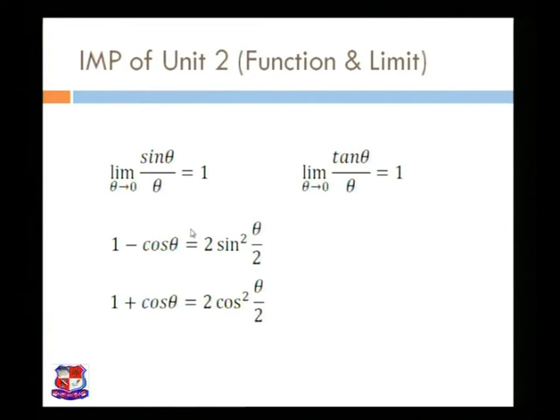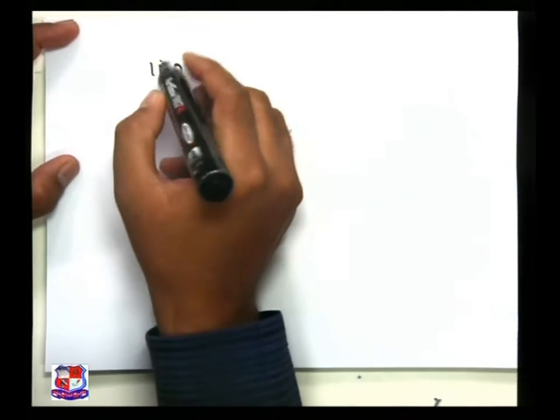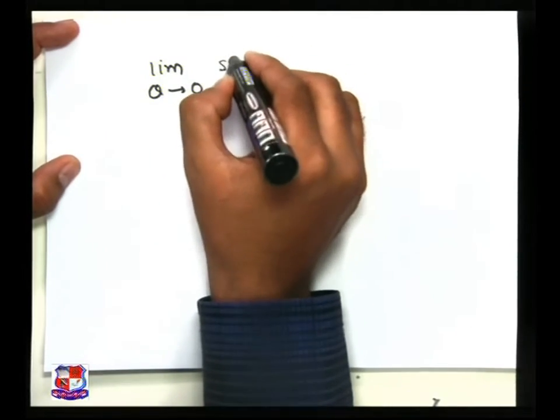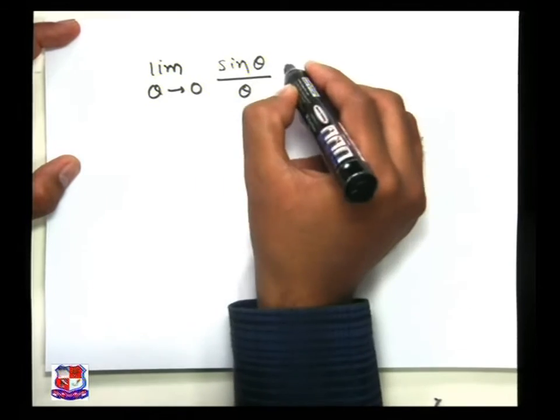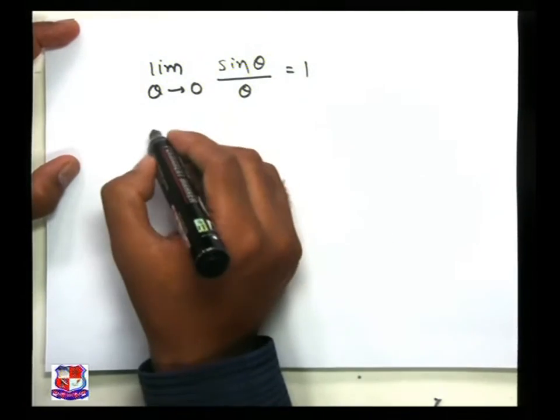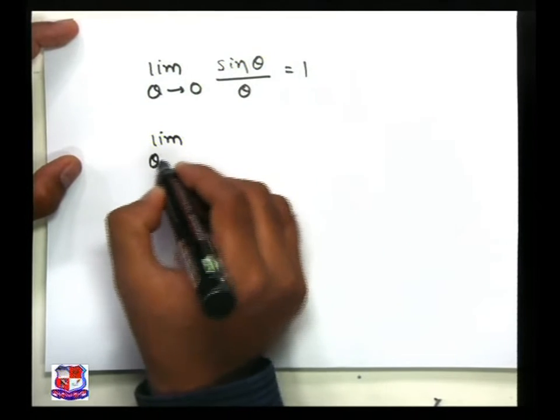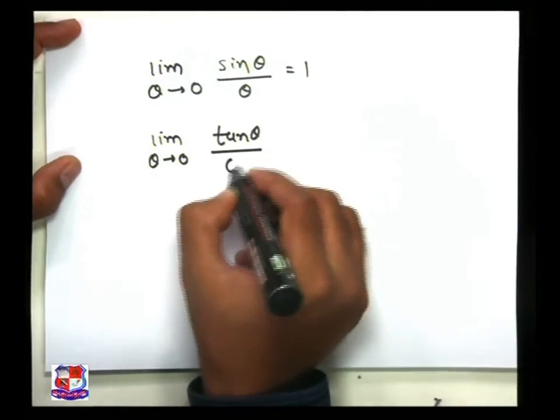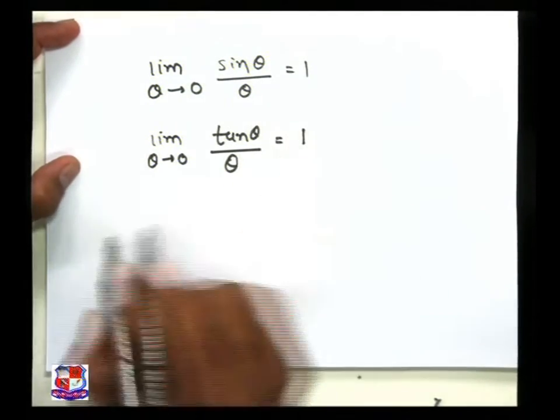Whenever we want to solve a trigonometric type problem, then apply 1 minus cos theta equal to 2 sin square theta by 2, and 1 plus cos theta we can write as 2 cos square theta by 2. So first of all we write our base limit: theta tends to 0, sin theta upon theta equal to 1, same as limit theta tends to 0, tan theta upon theta equal to again 1.